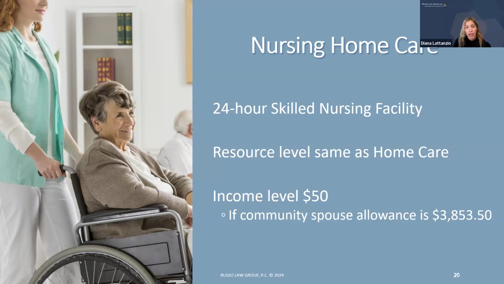And if the well spouse's income is less than that amount, then we can shift some of the applicant's income to the well spouse to cap them at that amount, because that's what it's presumed would be enough to keep the well spouse in the community, and maintain their lifestyle.